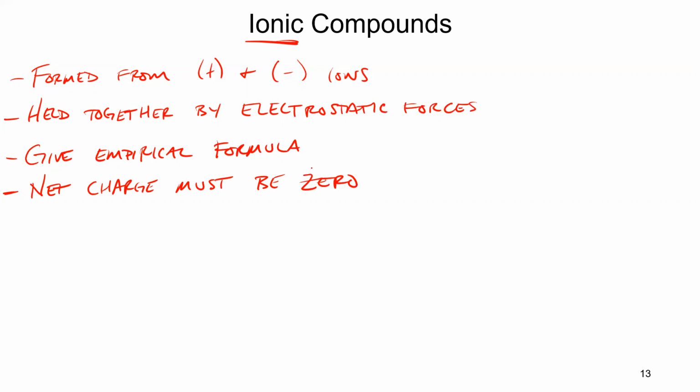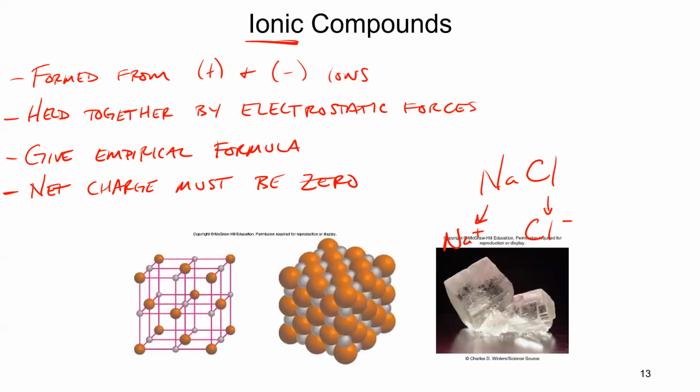Again, our most famous ionic compound is sodium chloride. We know that that's made up of Na plus and Cl minus. And they go together in a ratio where there's an equal number of positive sodium ions and negative chlorine ions. There's a couple ways of looking at this. All the way on the right, of course, you recognize a salt crystal.